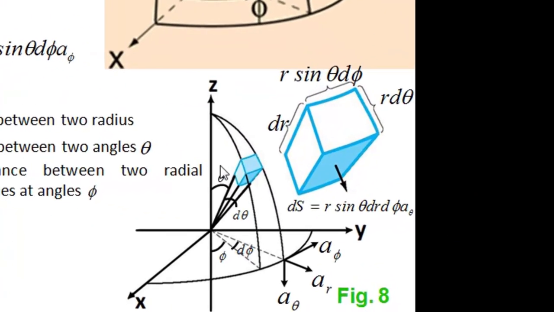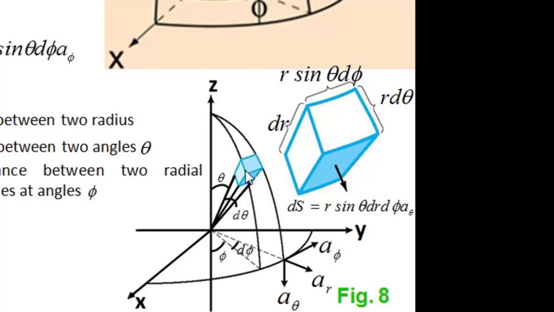So in the spherical coordinate system, you can see this cross-sectional position. In the r direction, the differential length is given by dr, and in the theta direction, the differential length is given by r d theta, because this is the radius of the sphere, and this is the change in angle, that is d theta. So this will basically be an arc.